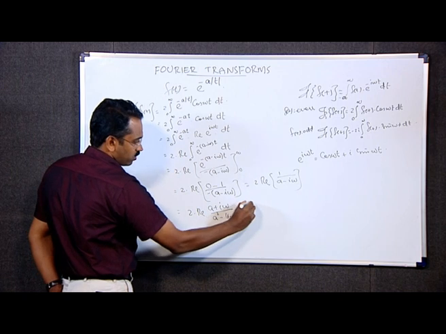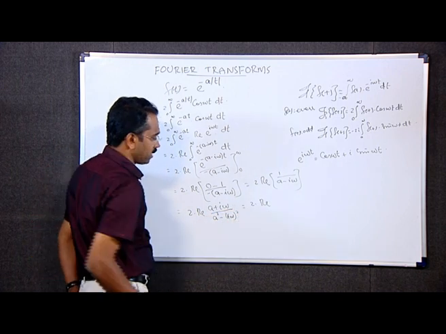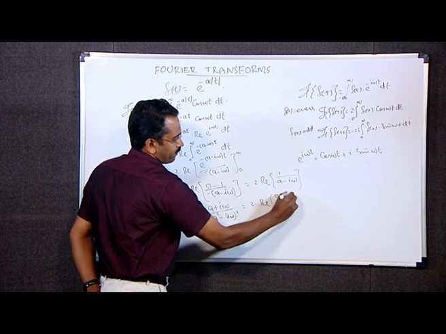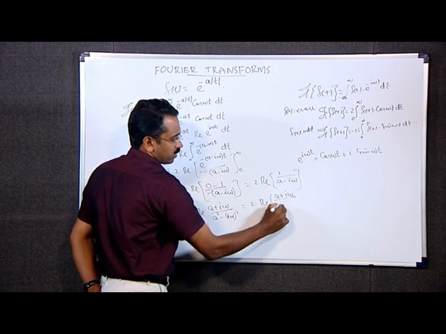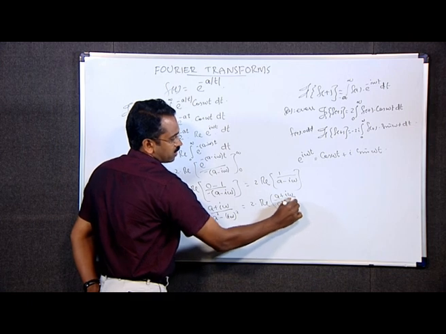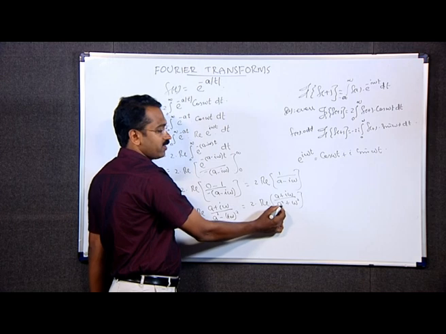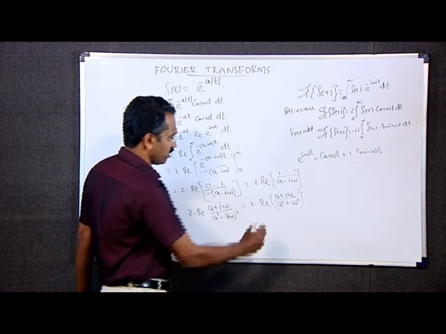That is 2 times the real part of (a plus I omega) divided by (a square plus omega square), because I square is minus 1, we will get in the denominator a square plus omega square.